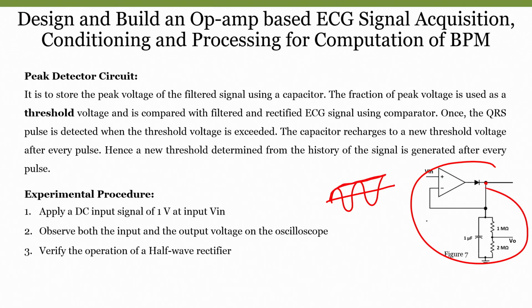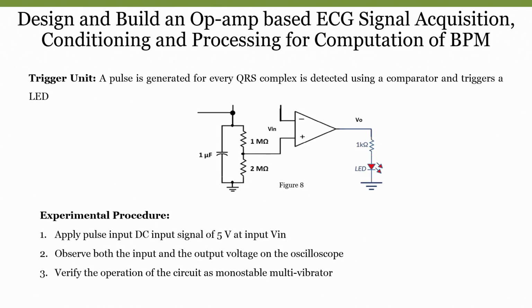That means we are able to see the peak value. Now, at this particular point we can also create a threshold. Next part is identifying and generating triggering pulses if the input voltage is greater than the particular threshold value.